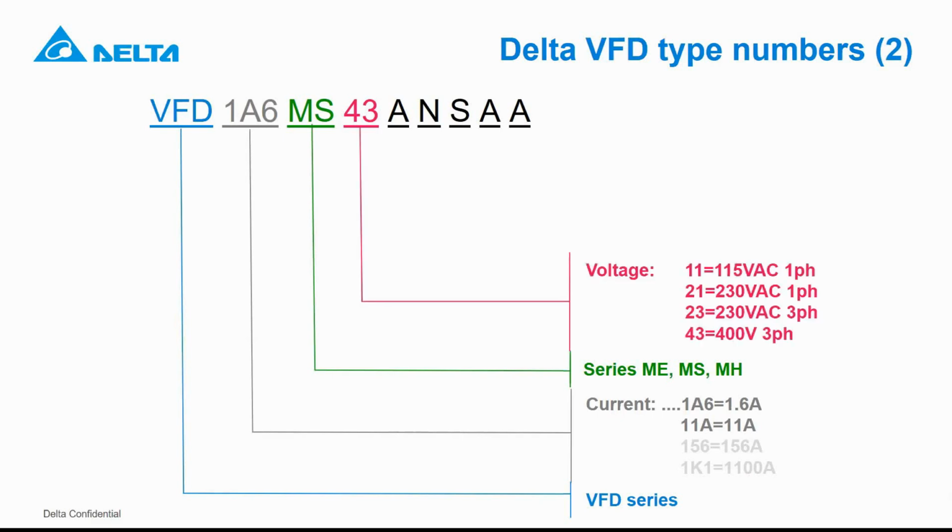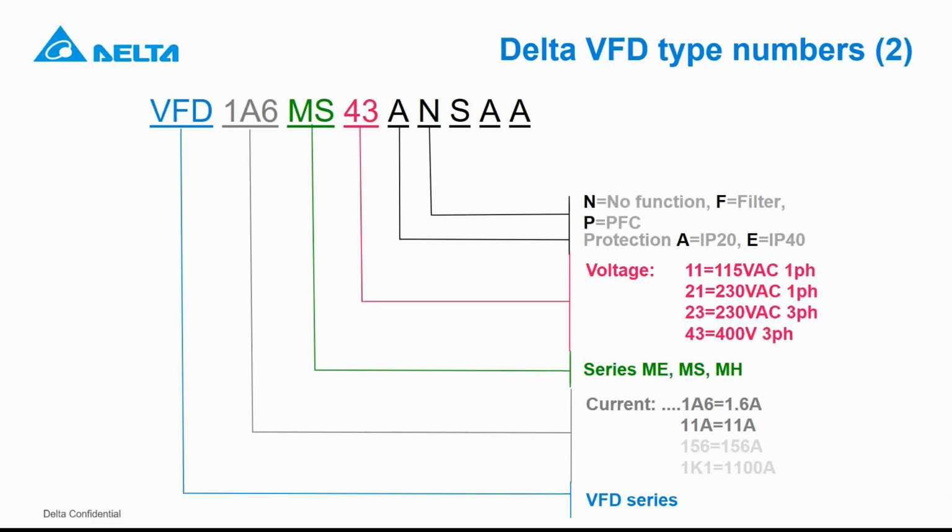Again the output voltage, and then a few extra letters at the end, which give you the IP protection level, whether or not it has a built-in EMC filter, whether or not it has a safe turn-off function, and if the drive is high speed or low speed.